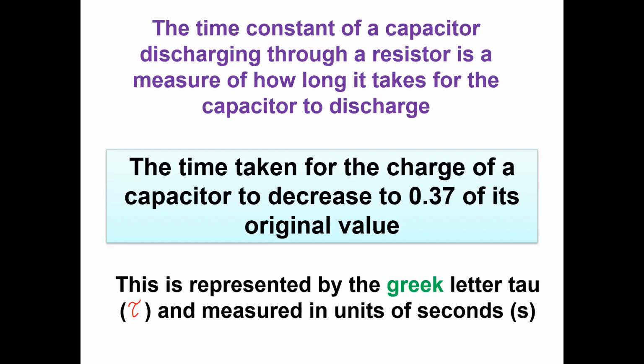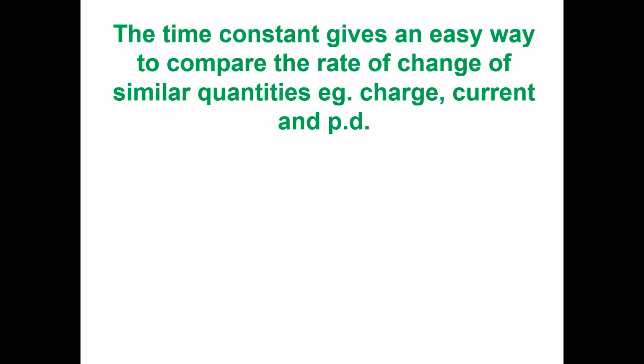Now, what is the idea? The time constant is the time in which the capacitor decreases to 0.37 of its original value. The basic benefit of the time constant is that we come to know how fast the capacitor will empty.